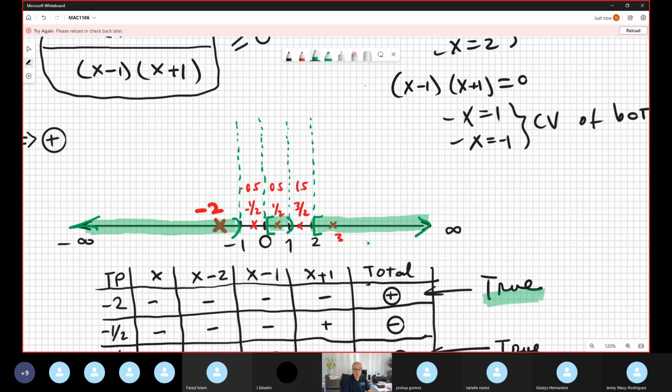Solutions. So what is my final answer then? My final answer is then, copy here: -infinity, comma -1, parenthesis, not included, union. We have 3 pieces. We need to connect these 3 pieces by union, bracket 0, 1, parenthesis, union, bracket 2, +infinity.